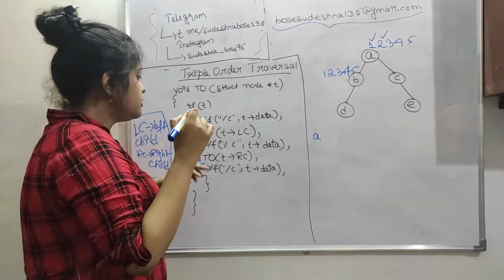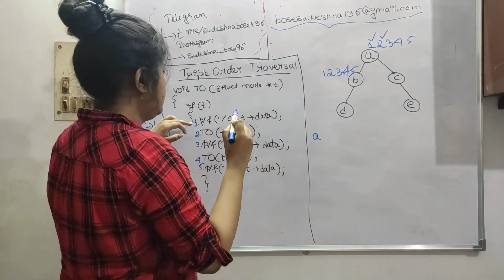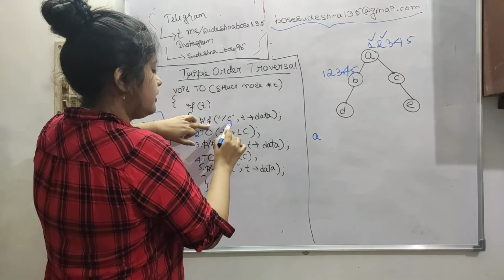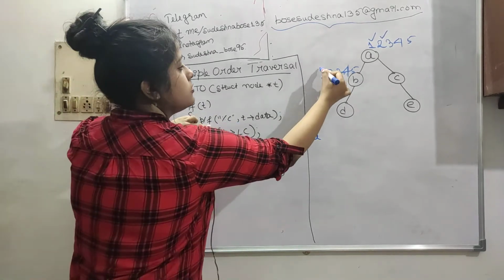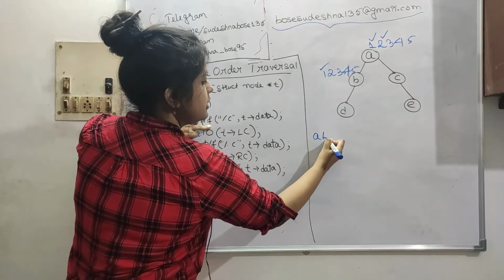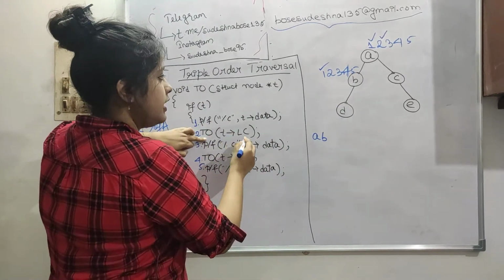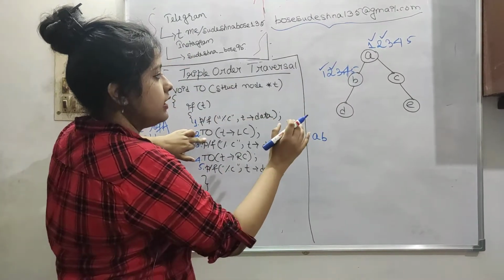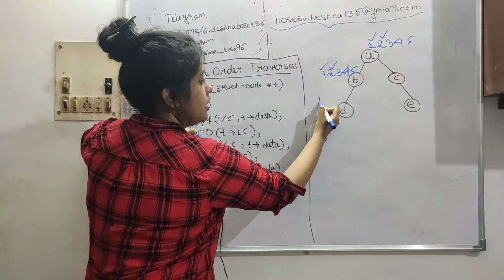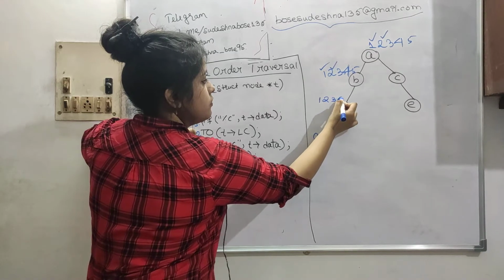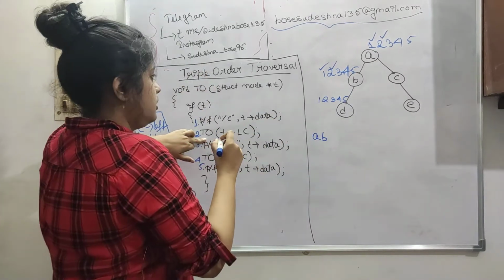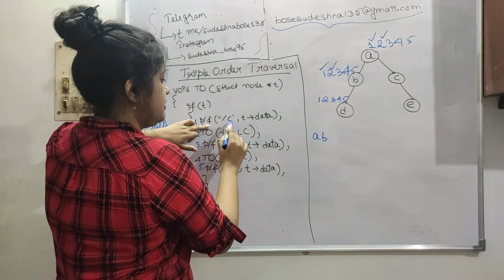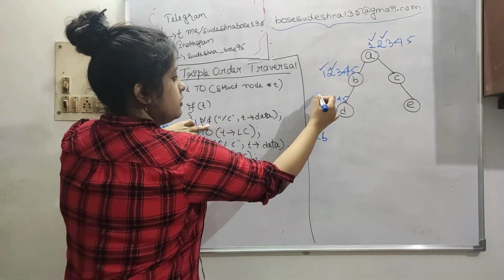Okay, so now again we have to call our triple order function, printf character T arrow data. So it is printed, again T arrow left child. Nothing there, we just go and call our left child, 1, 2, 3, 4 and 5. Now again triple order is called, printf T arrow data.